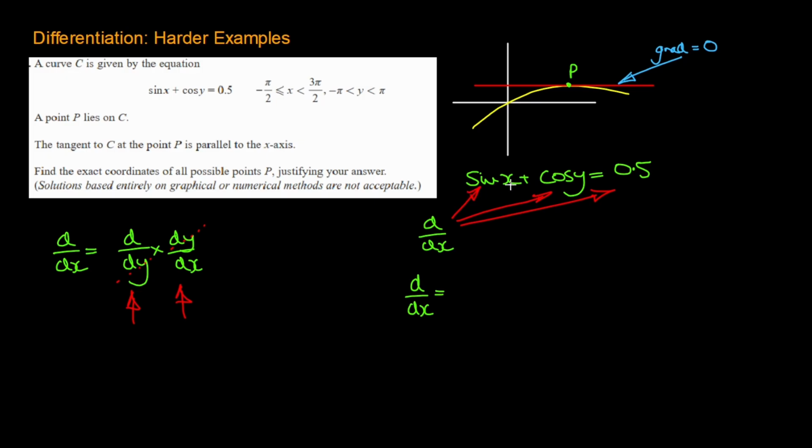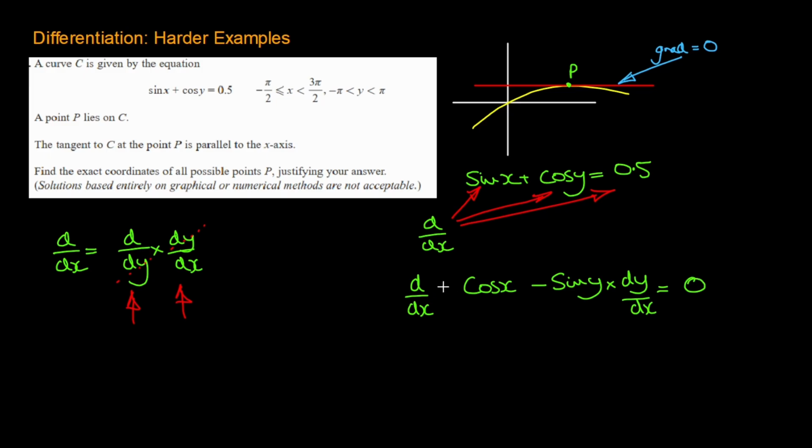of the equation: the differential of sine x is cos x, no problem there. The differential of cos y, if we're differentiating with respect to y, is negative sine y, but as I said earlier, we must write next door that this is multiplied by dy by dx. And this is equal to the differential with respect to x of 0.5, which is 0.